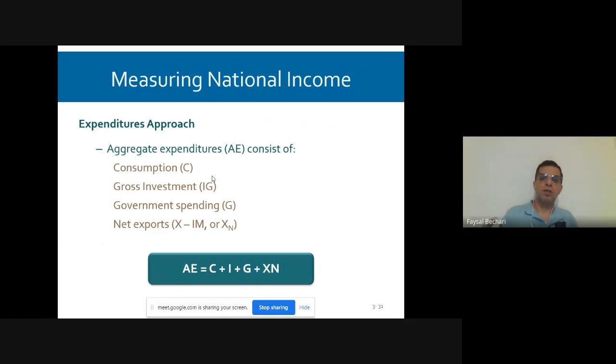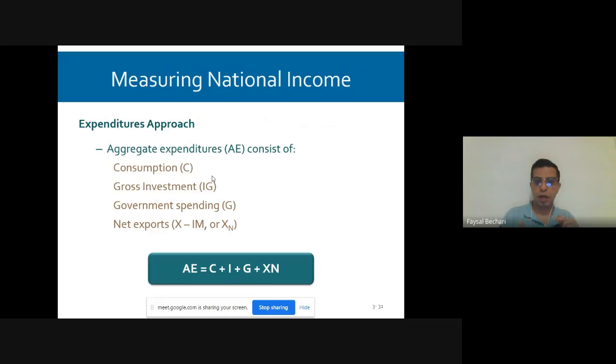Now, to measure the national income, we need to look at the expenditure approach, in which the aggregate spending, or AE, consists of total spending. It's made of, as we said, consumption, gross investment, which comes from saving and then investment, government spending, and net export.